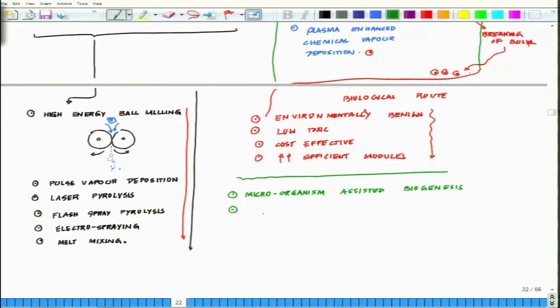The second thing is biotemplate assisted biogenesis, and we'll talk in detail about this as we progress in this area. And then plant extract assisted biogenesis.